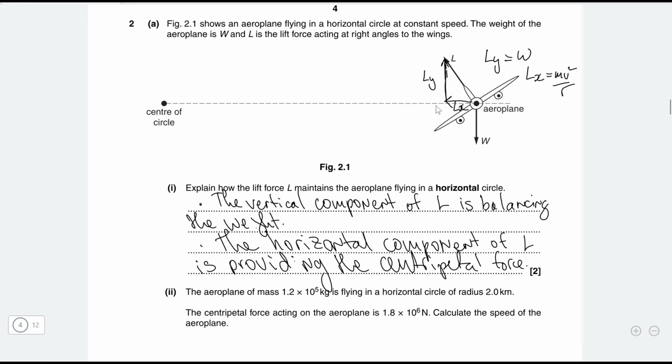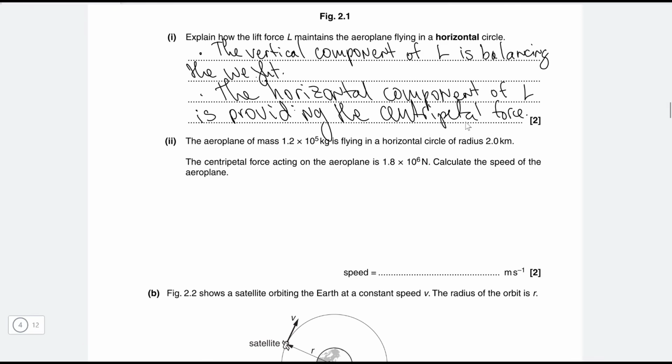So, in other words, this Lx component, the horizontal component, is making the airplane turn, and Ly is keeping it at the same height, and therefore the airplane is turning in a horizontal circle.